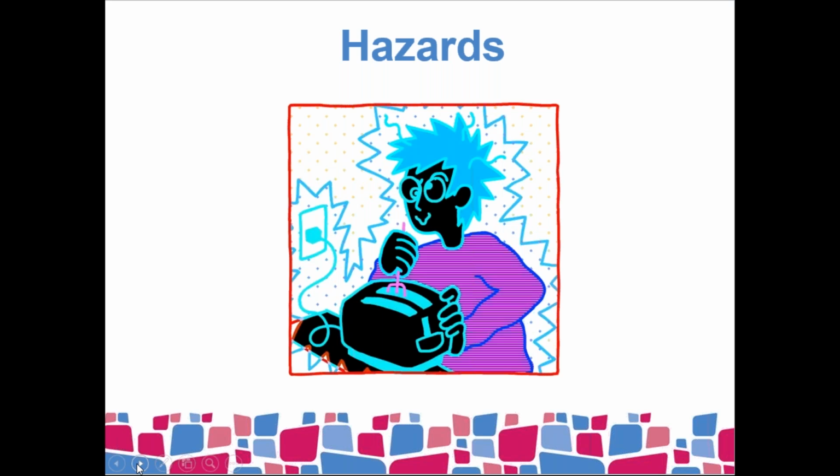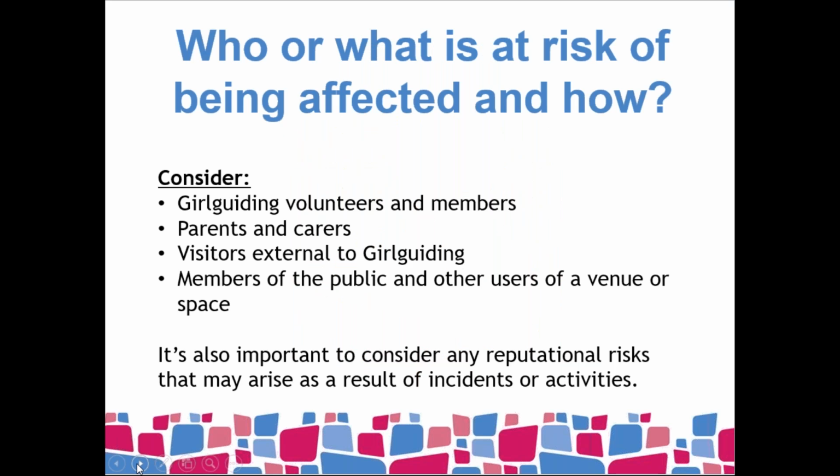Fabulous. Okay, next section then is who or what is at risk of being affected and how. Now, when we write risk assessments, very often, in fact always, the people we're thinking about is our girls, isn't it? But actually, whatever we do, it always involves more than just the girls.